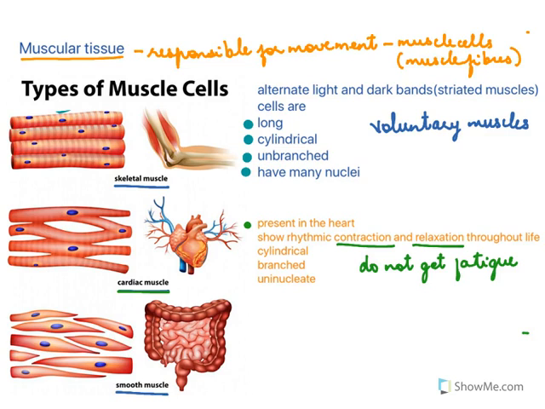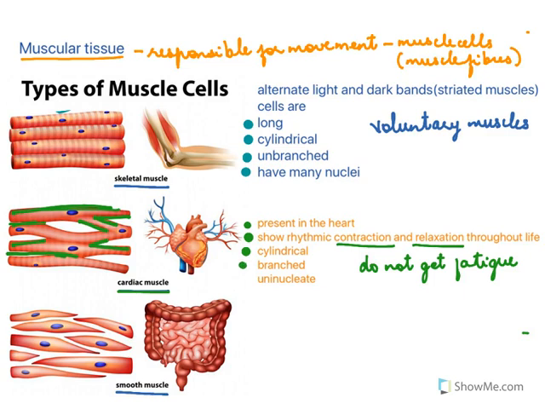And if you look at the structure, they too are cylindrical. They are branched. You can see the branches here. The skeletal muscles were unbranched, but the cardiac muscles are branched.